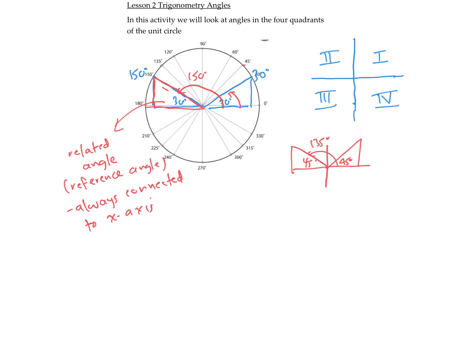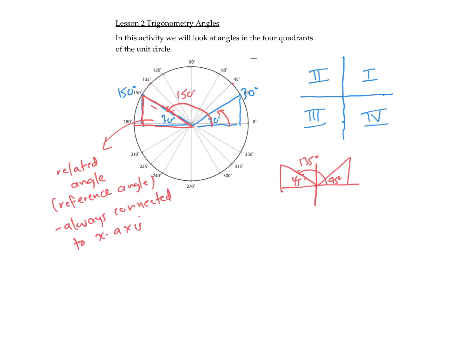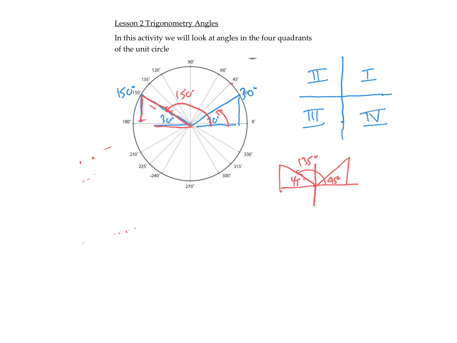Let's just go on to the next page. Okay, so going back to our unit circle here, the signs on the unit circle are going to vary. The signs on the trig ratios are going to vary according to the quadrant.